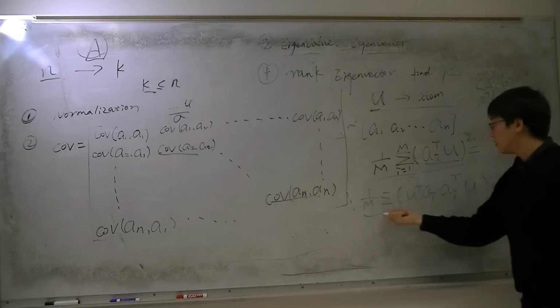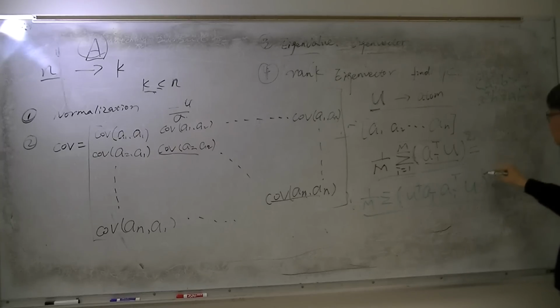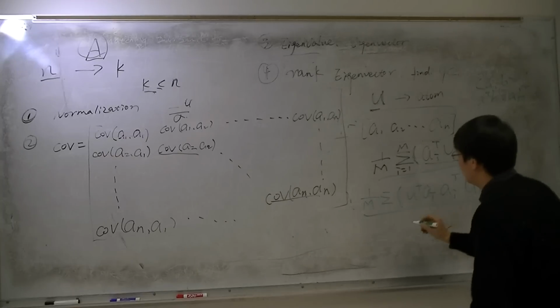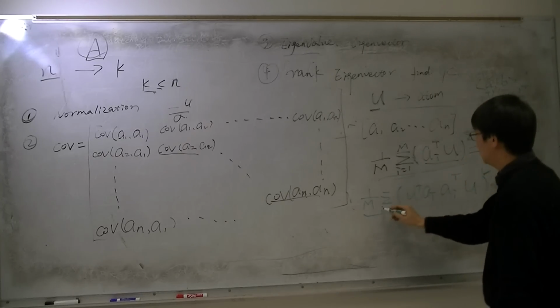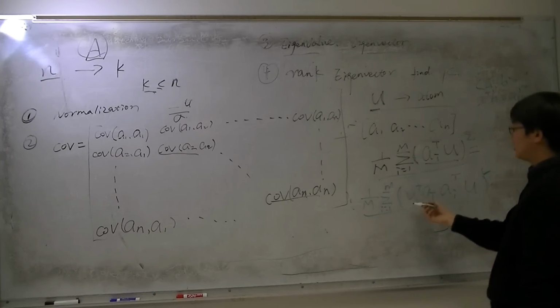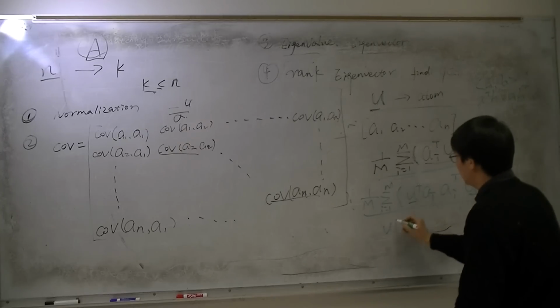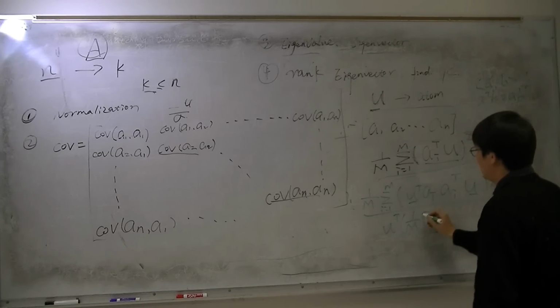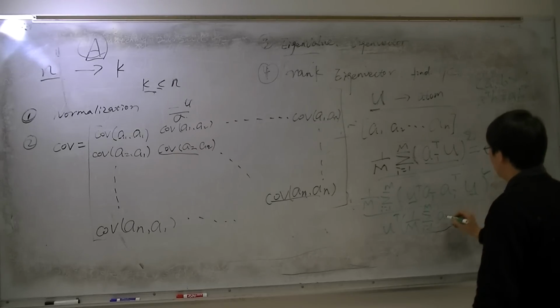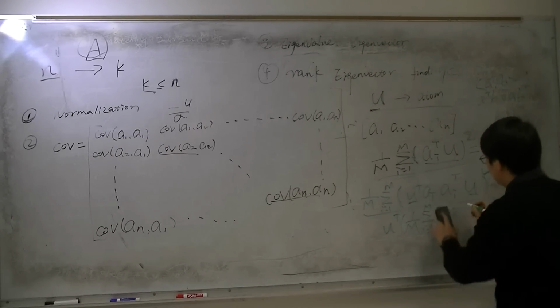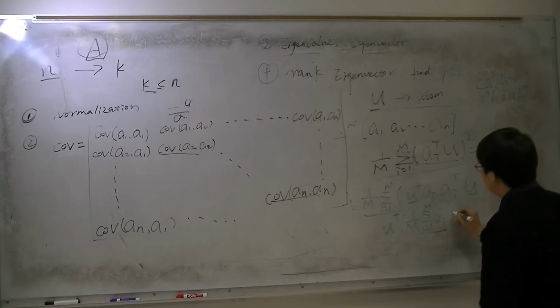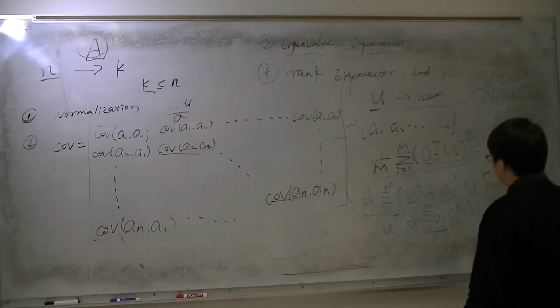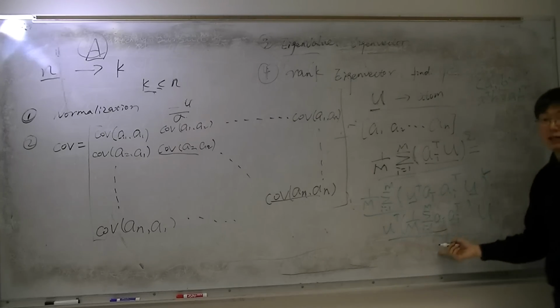So the variance is like this. And since I has nothing to do with this u, the covariance can be denoted like this.